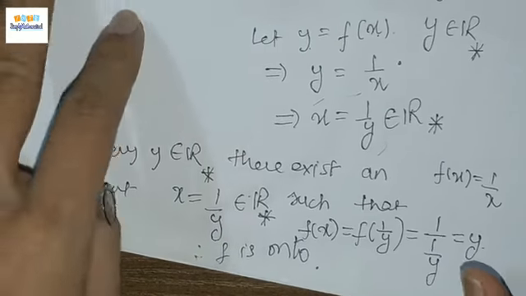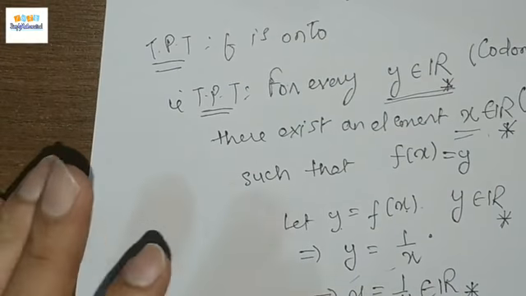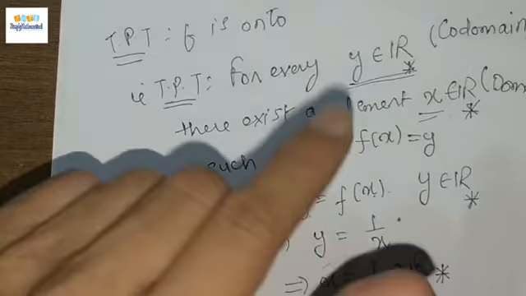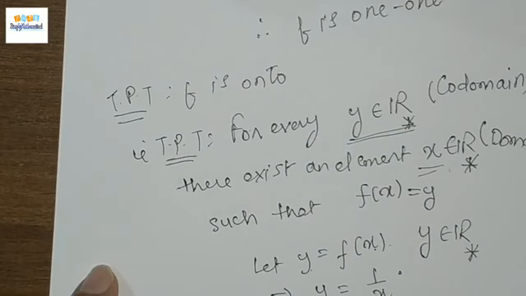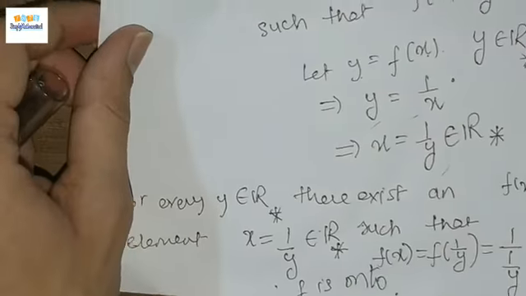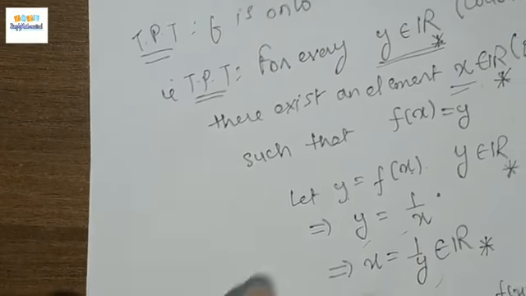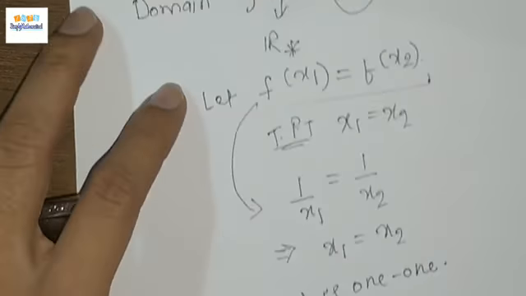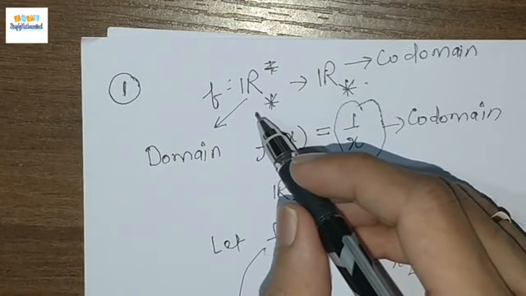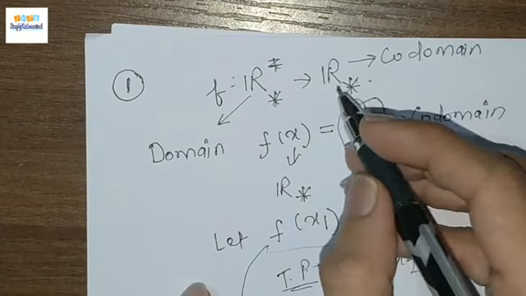Every time you prove that f is 1-1 or onto, you have to do this. Now they are asking you the second question, that is, is the result true if the domain, that is this, is replaced by N, and the codomain remains the same.